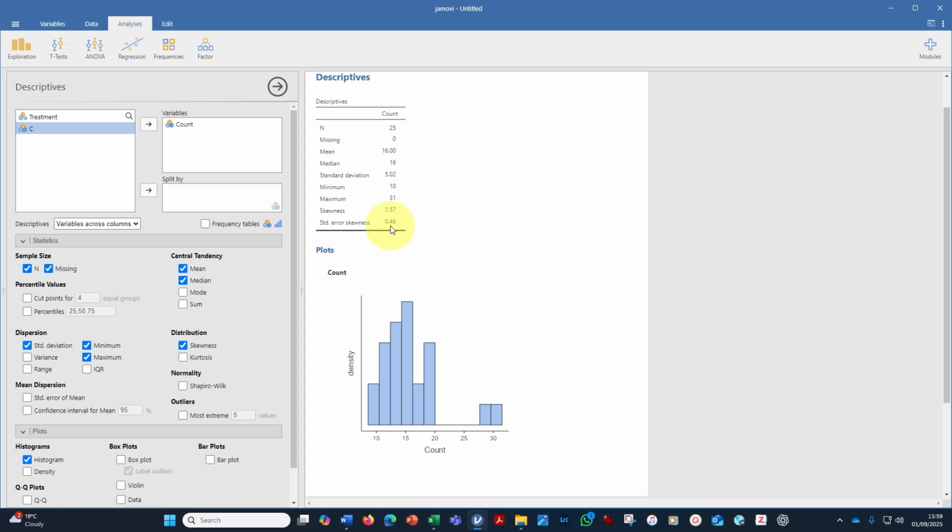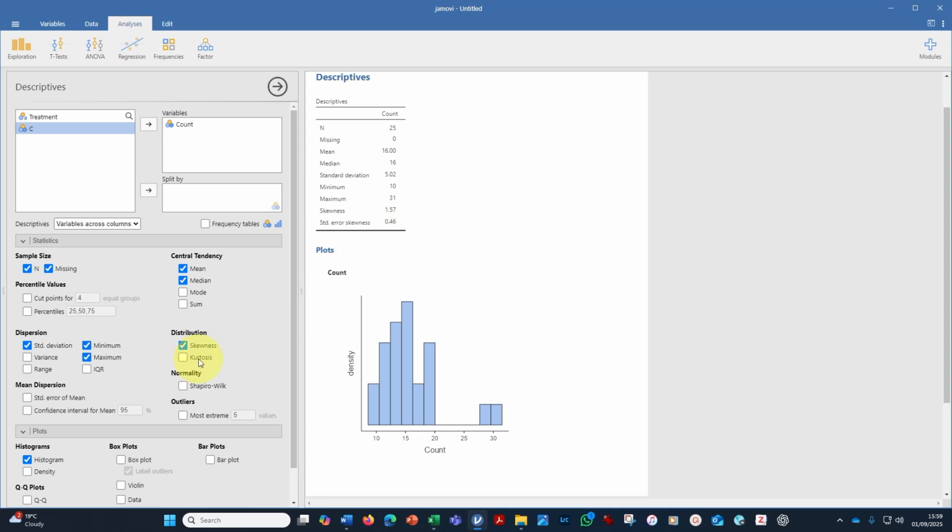If it's outside those values, so beyond negative 1.96 or above positive 1.96, then we have cause to think that this is not a normal distribution. If we treat that standard error as about a half, dividing by a half is actually multiplying by 2. That gives us a skewness overall value of over 3, well over our limit of 1.96, and therefore we think this is a skewed distribution, which is against our normality idea.